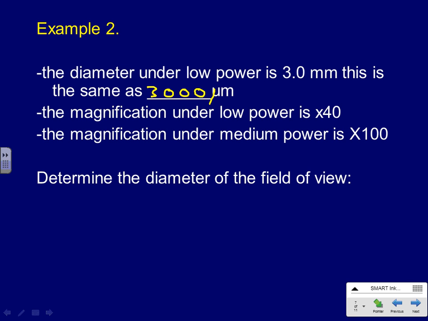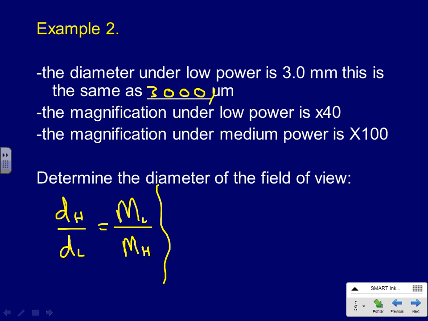When we get down to here, again, dH over dL, it's inverse, ml over mh. Notice we're given a medium power, but there will always be a higher one and a lower one. We want to find the diameter of the field of view under medium power.